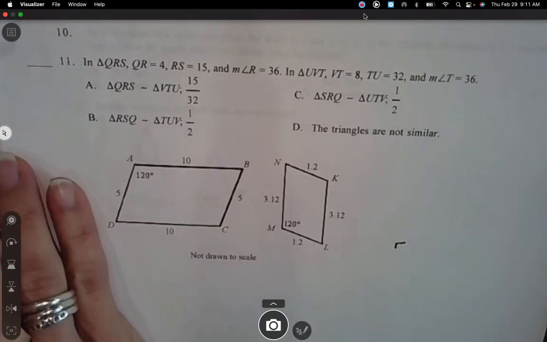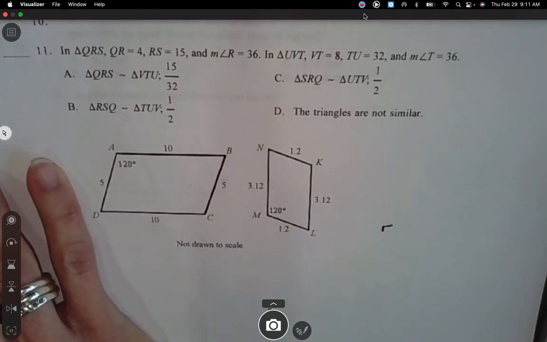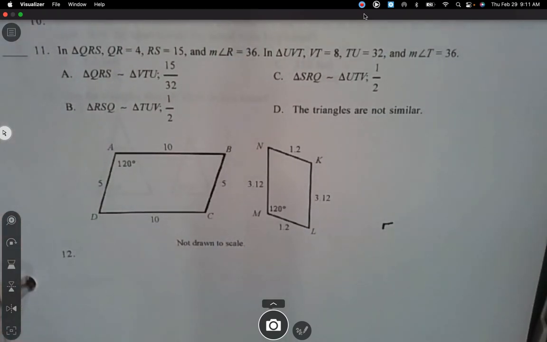Okay, number 11. We have triangle QRS and UVT. So if you need to draw a picture. QRS. And it says QR is 4. That's 15.